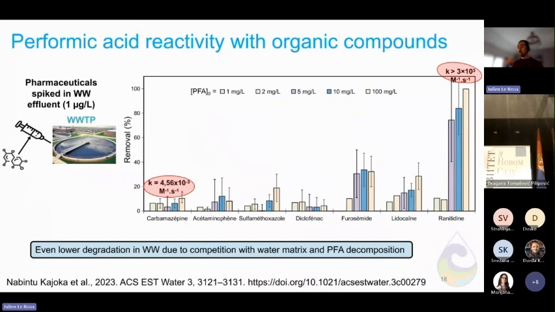But the degradation of some of them, for example, lidocaine here, was quite low because there was also competition with the water matrix. And also in the wastewater, the decomposition of performic acid is much faster, so it's not available to react with the molecules anymore. But some of them, like ranitidine, you can reach almost 100% removal.